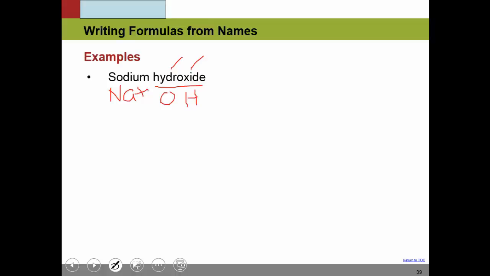Sodium's a +1 from the periodic table, so it wants to lose 1 electron to be like a noble gas. Again, if you don't know that, go back and look at chapter 2 on how to figure out the charges of the ions. And then the OH group has a charge of -1 for the entire gift basket. So we're going to swap, drop, and reduce, so it's NaOH.